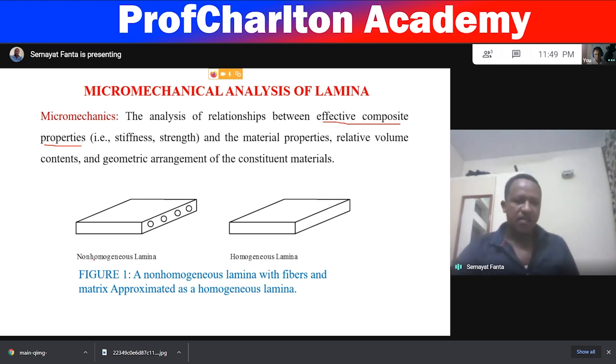So this is actually non-homogeneous, a material made from fiber and matrix, and this is a homogeneous lamina, meaning a material like an aluminium sheet, for example. It is considered a homogeneous lamina for an isotropic homogeneous material.